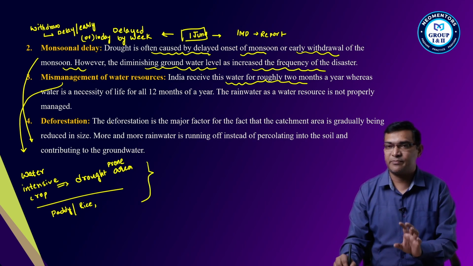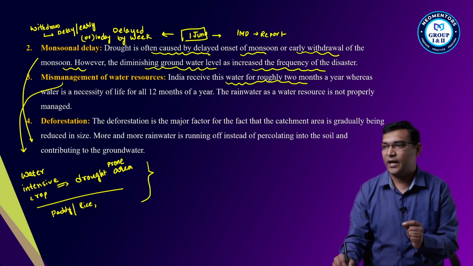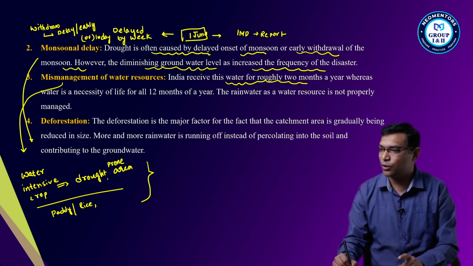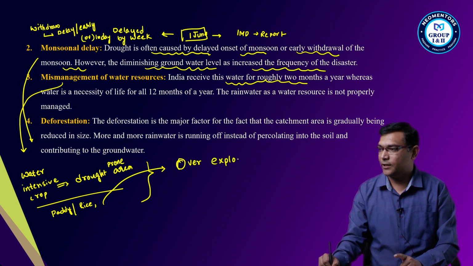First of all, there is mismanagement of water resources, and at the same time, in the drought prone areas, there is over exploitation of groundwater.